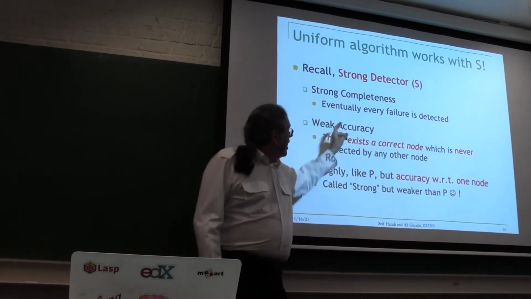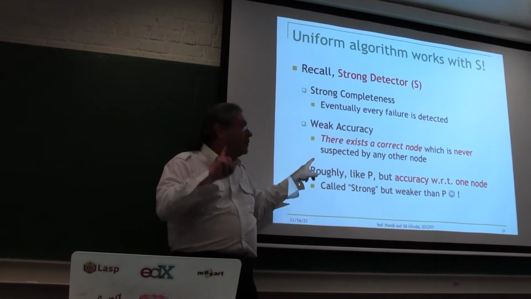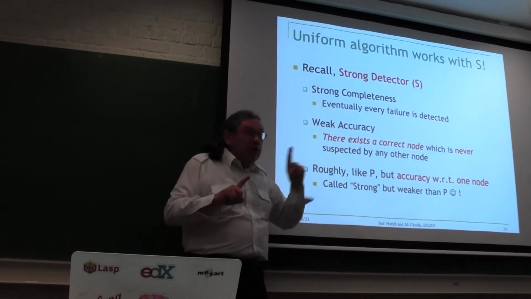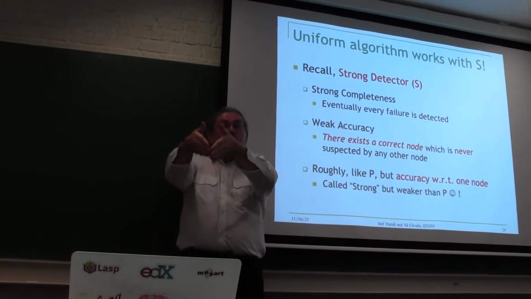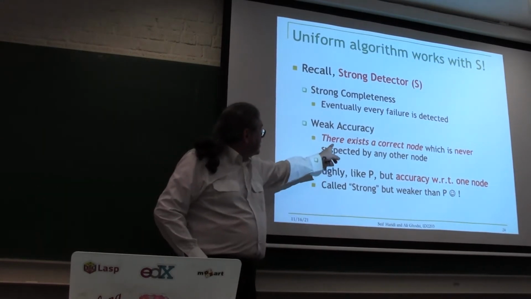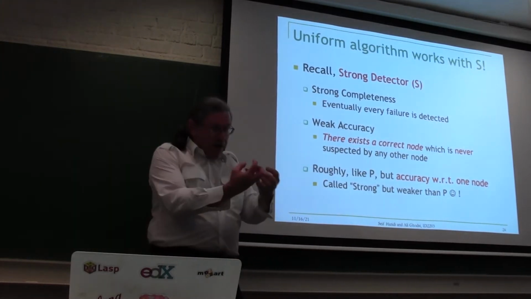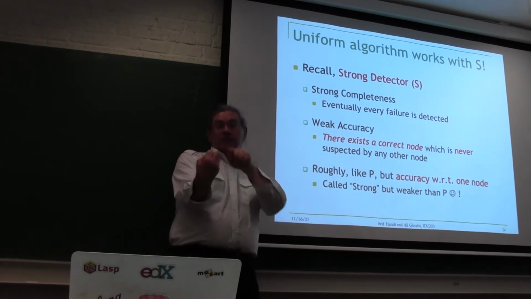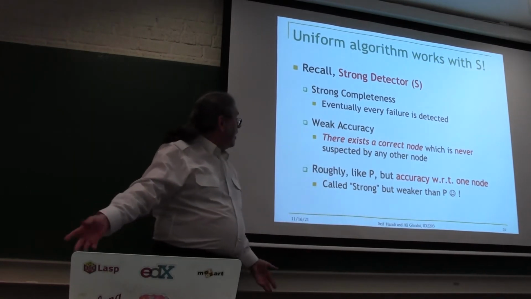It's weakly accurate: it makes a lot of mistakes, except there's one node that it will not make mistakes with. So it actually has a good view on one node, but not on others. So there exists a correct node which is never suspected by any other node. There are no mistakes with respect to this one node, but it can make mistakes with everything else.